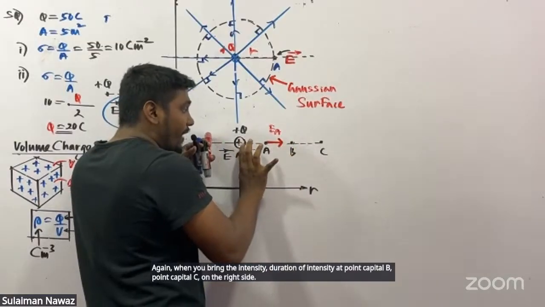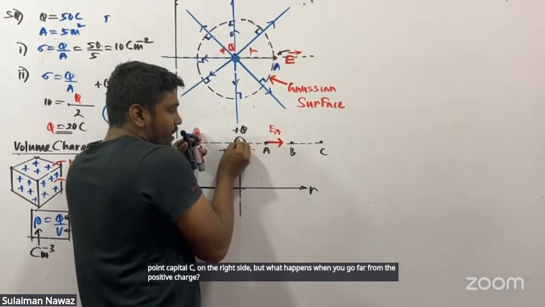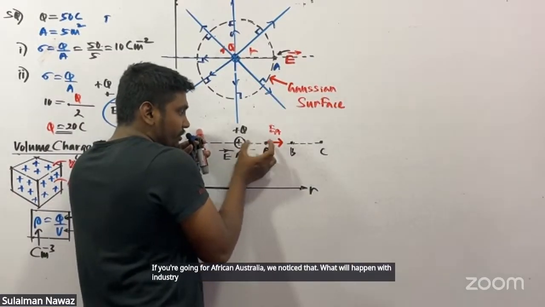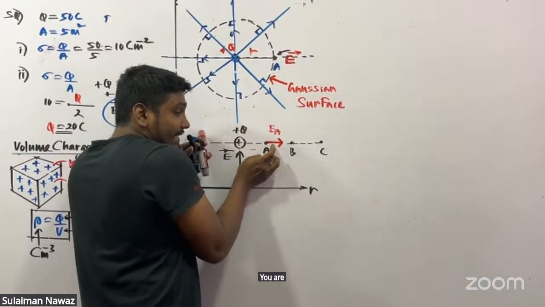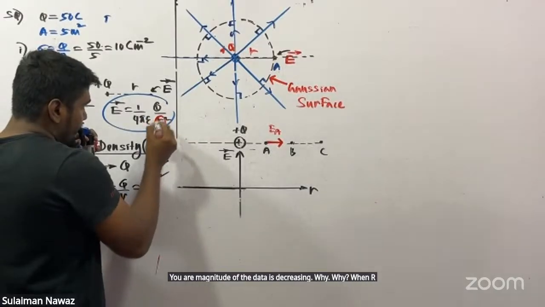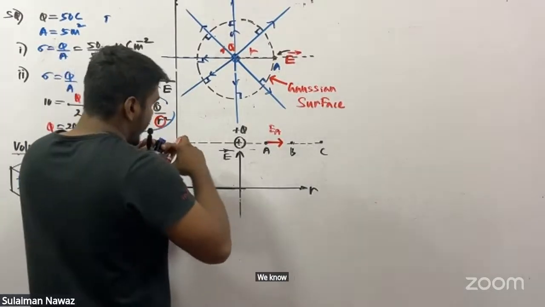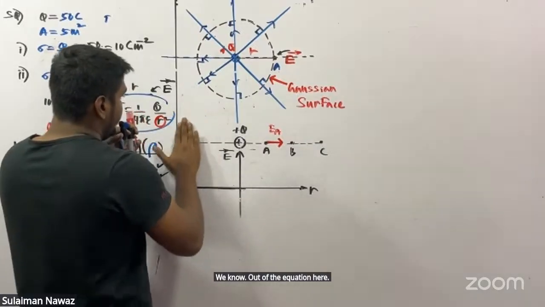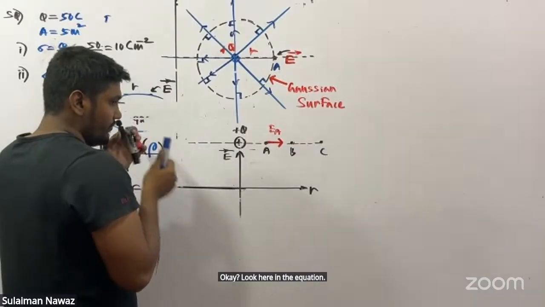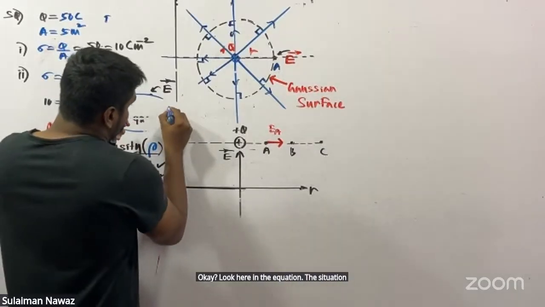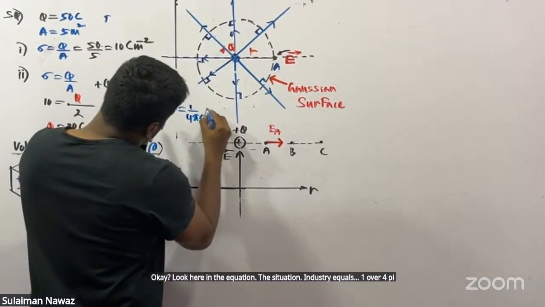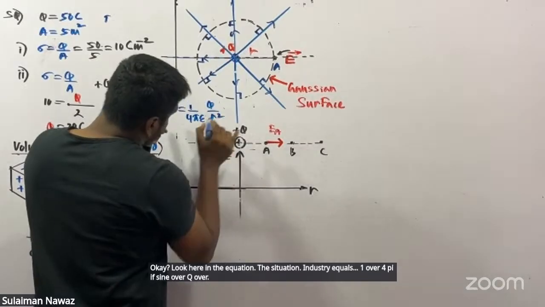But what happens when you go far from the positive charge? When you go far from the positive charge, the magnitude of the intensity is decreasing. Why? We know the equation: intensity equals 1 over 4 pi epsilon times q over r squared.